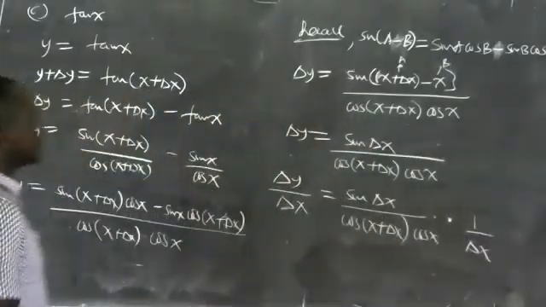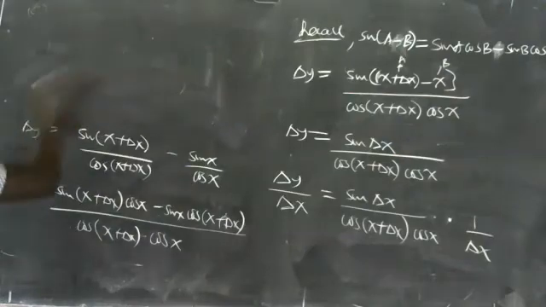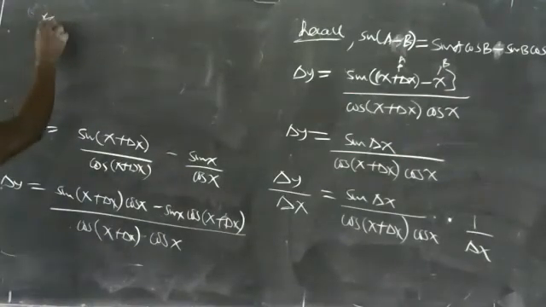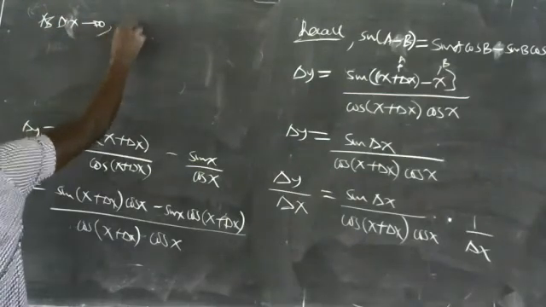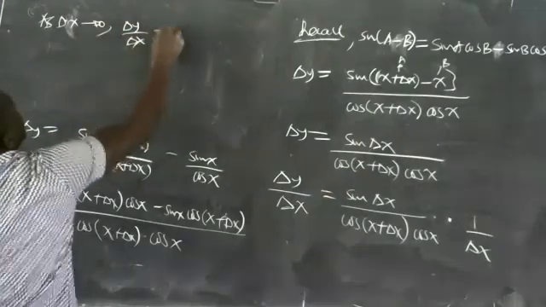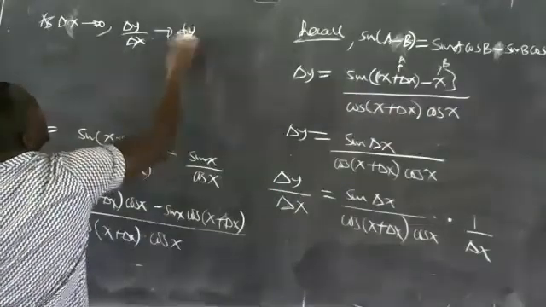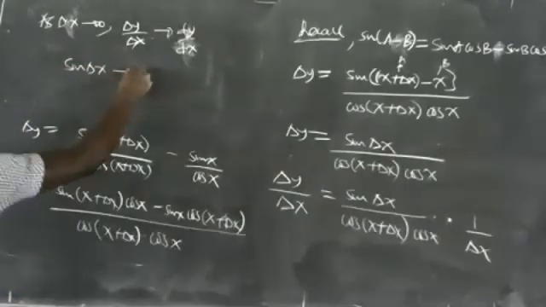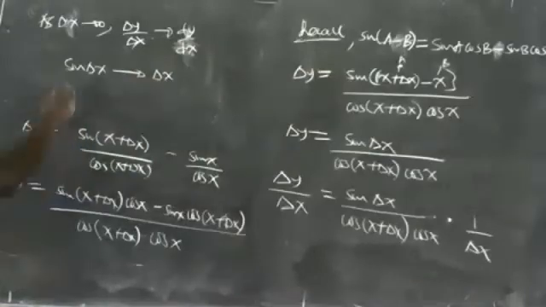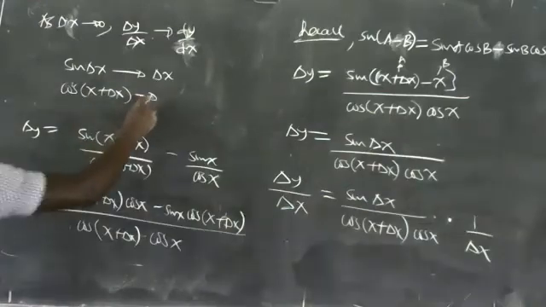Now you come and make the assumptions. As change in x tends to 0, change in y over change in x becomes dy by dx. The sine of change in x over change in x, you get the same angle, and then cos of x, you get cos of x.